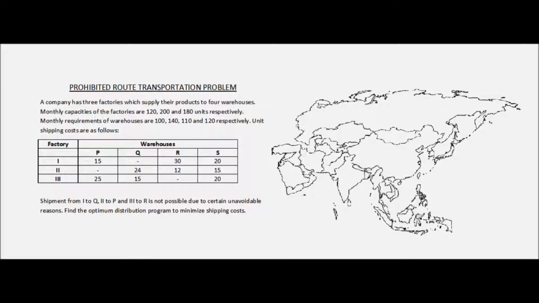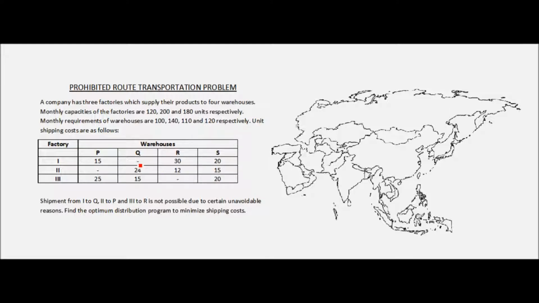Now we have also been given the unit shipping cost. So what this means is for shipping one unit of material from factory 1 to warehouse P, it costs 15 rupees. Similarly, for shipping one unit from factory 1 to warehouse R, it costs 30 rupees.